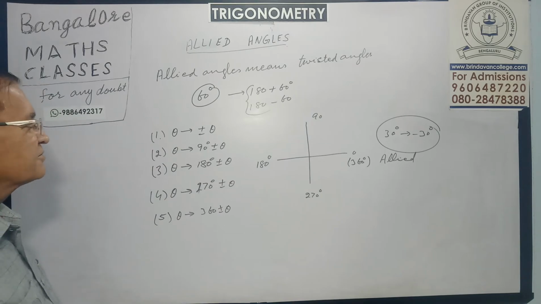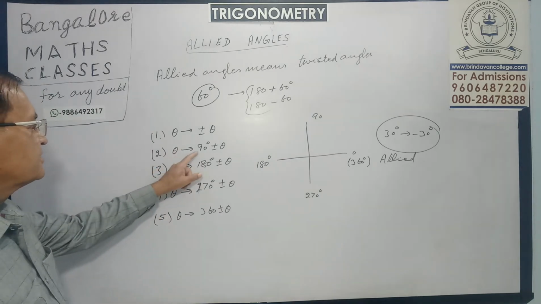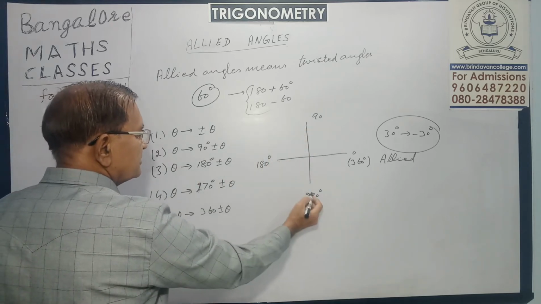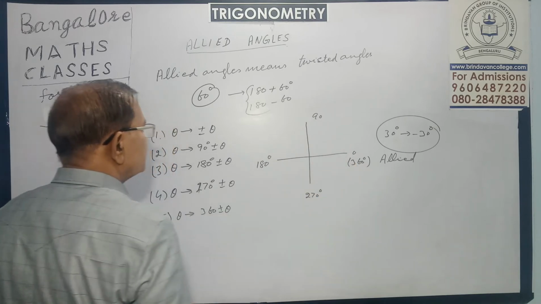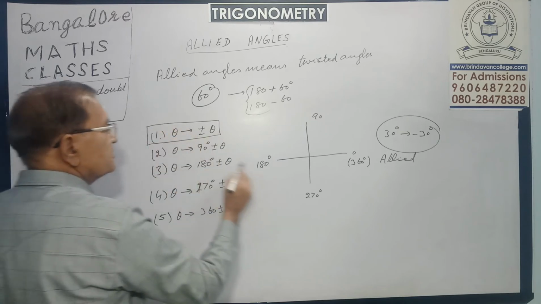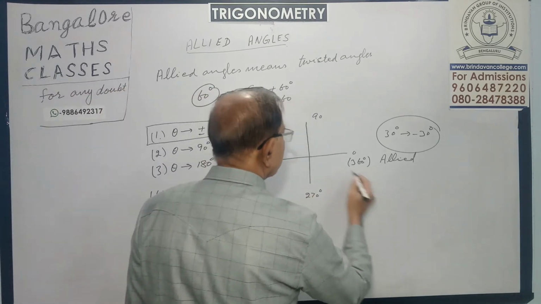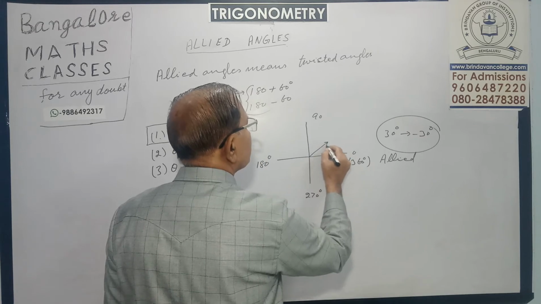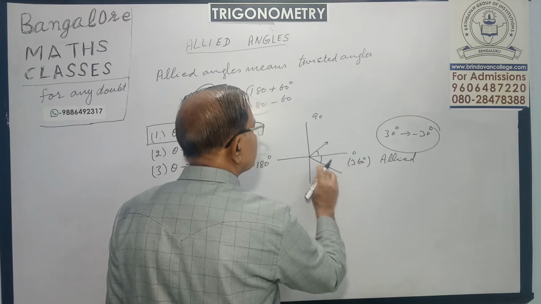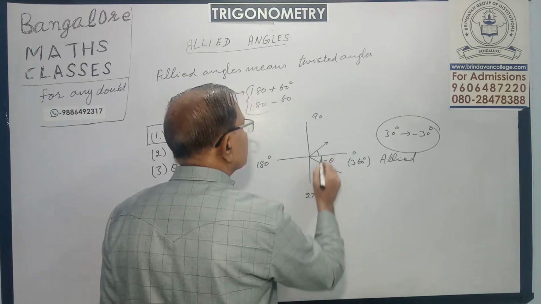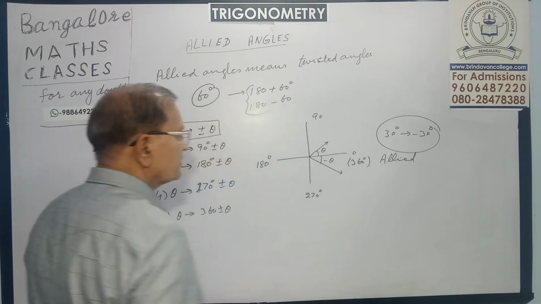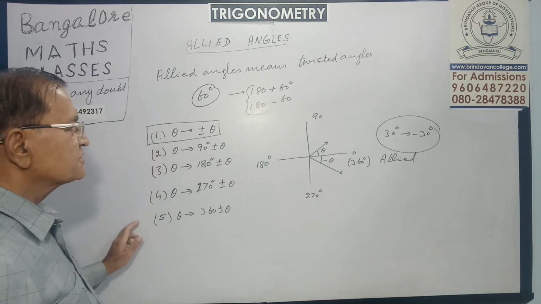So because of that, we are putting the angles with 90 plus or minus, 180 plus or minus, 270 plus or minus, 360 plus or minus. And the first one is theta to plus or minus theta: if theta is in this way, we call it positive. When we move it downward, we call it minus theta. Here it is theta, then it's minus theta. That is also a twisted angle.